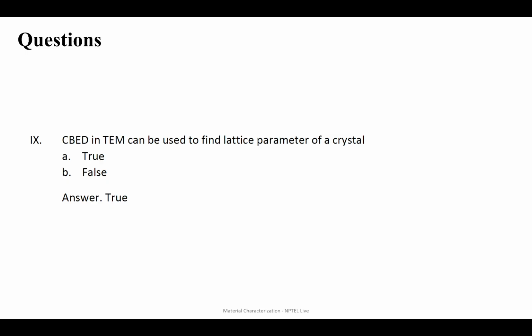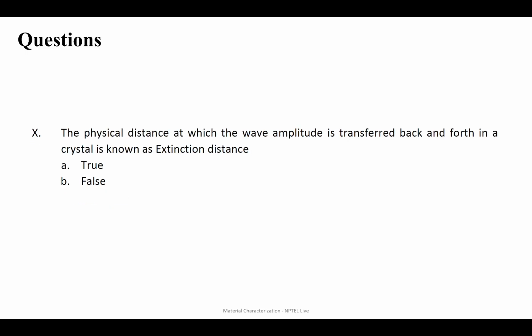So the answer to this is true. The zeroth order Laue zone will give you the spots or the circles, which can be used to find the lattice parameters in the zone axis plane, whereas the higher order Laue zones will give you understanding of the space group, which is a 3D parameter.